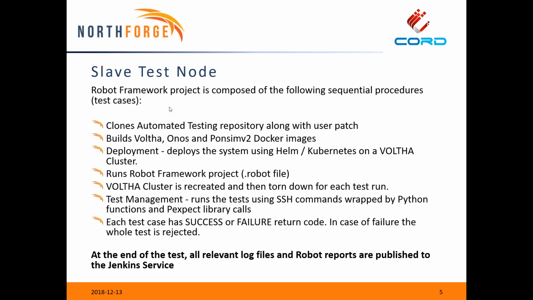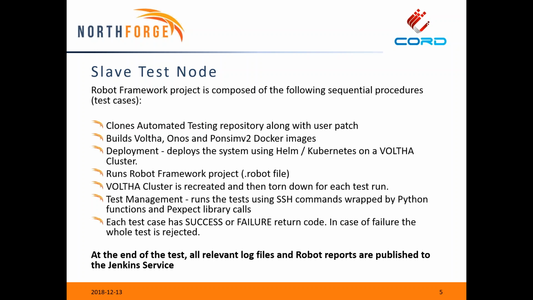The slave test node, which is the main one. The Robot Framework project is composed of the following sequential procedures for each test case. It clones the automated testing repository along with the user patch. It builds VOLTHA, ONOS, and PONSIM v2 Docker images.